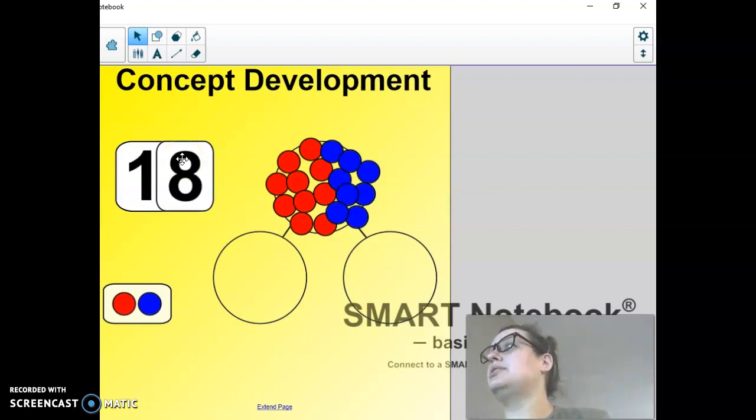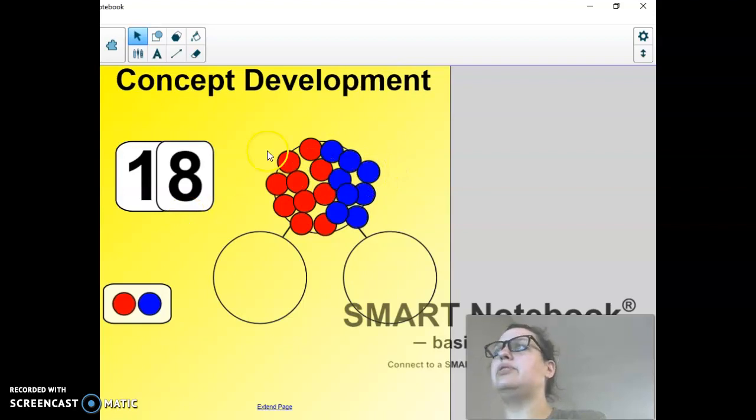I want you to split these up, these red and these blue, in a way that shows a group of 10 and some ones left over. Go ahead, you can draw that, or if you have your things, some people are using macaroni or Legos or anything like that. If you want to split the number 18 up into 2 parts, however you want to do it, go ahead and then unpause me.